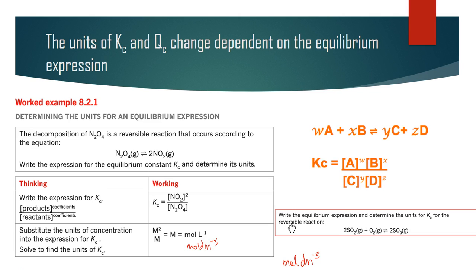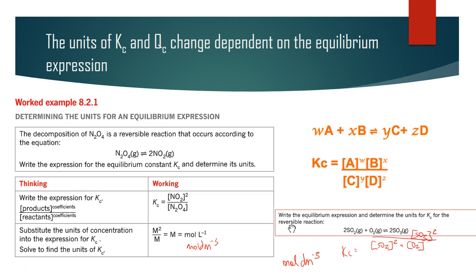Okay, so if we look at the one here where we write the equilibrium expression for Kc for the reversible reaction of this, we would end up with Kc is equal to the concentration of SO2 squared multiplied by the concentration of O2, and this will all be on top underneath the concentration of SO3 squared.